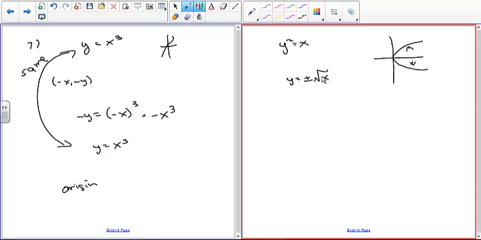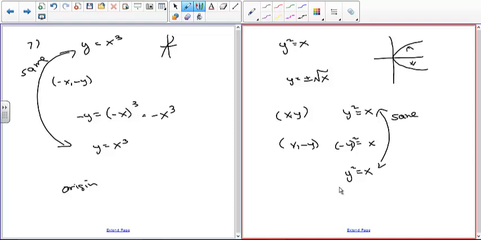And for x-axis symmetry, what it says is that x, y, which is the original equation, is the same as x, negative y. So if I plug in x for x, and for y I put in negative y, what you'll see is that, again, when you square this, the negative times the negative becomes positive. And so, because these two are the same again, that means it's x-axis symmetric.